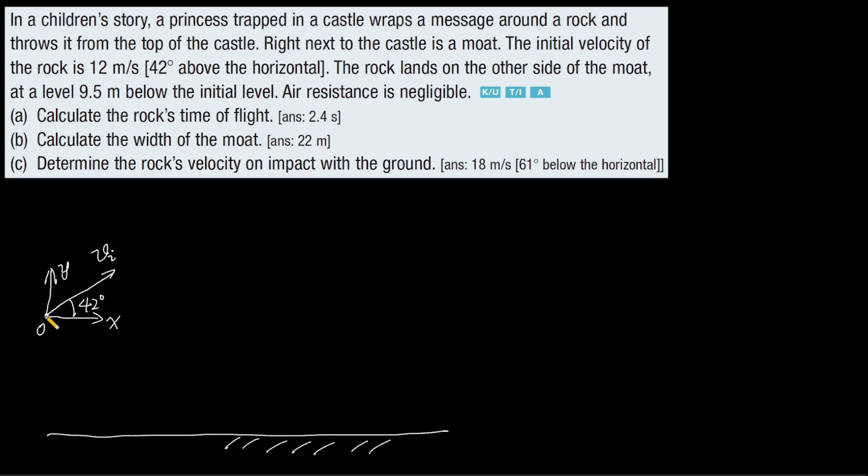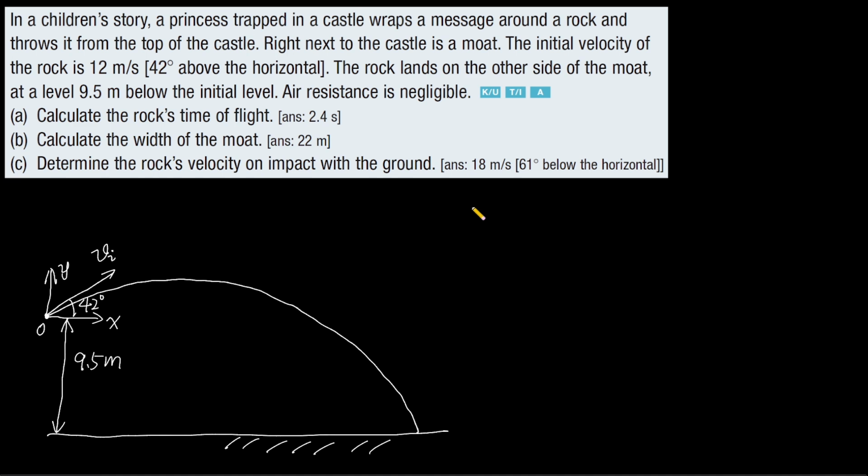Then the rock would follow a parabola curve, go like this, then falls down to the ground. And the vertical distance from the starting point to the landing level is 9.5 meters.